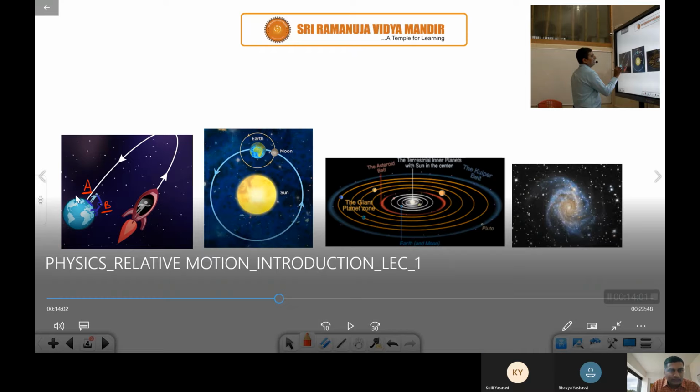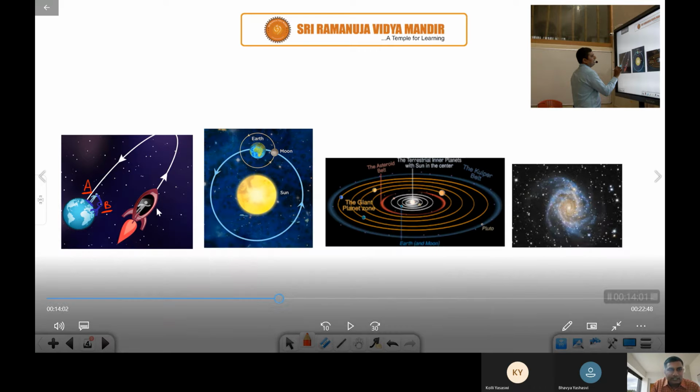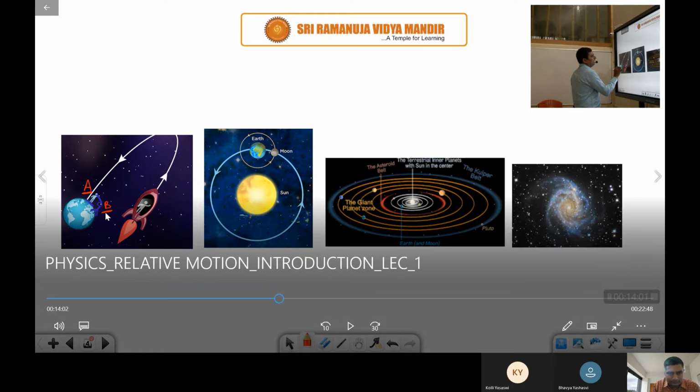Suppose there are two persons A and B standing on earth. In the first slide you can see A and B are standing on earth. With respect to B, A is at rest, correct or not? But with respect to another person who is going in a rocket, both are in motion. Correct or not?